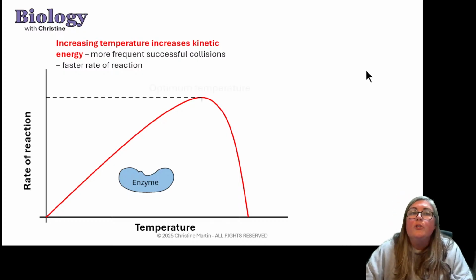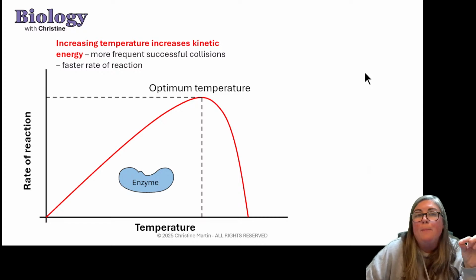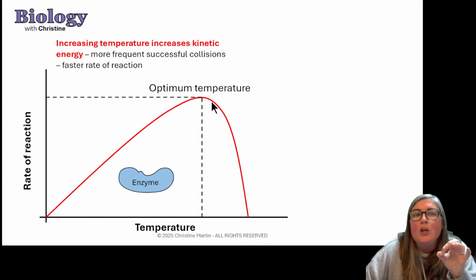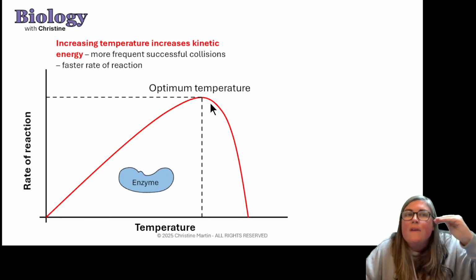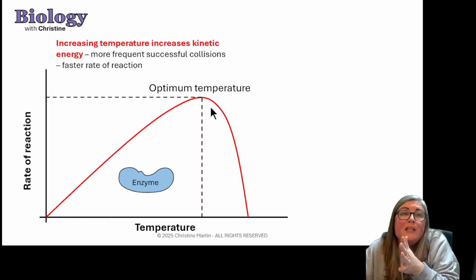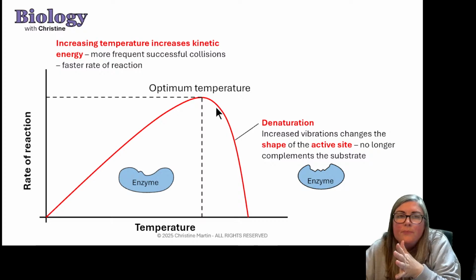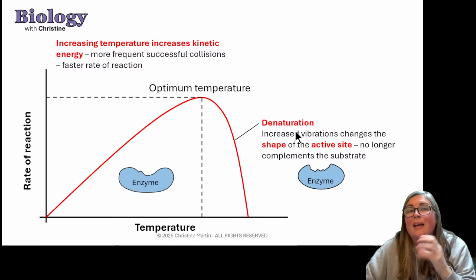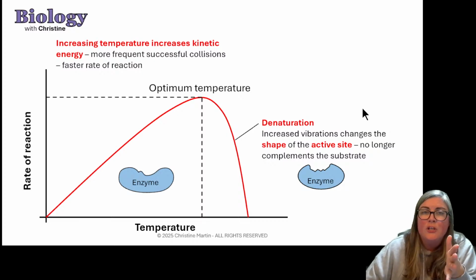When I get to what's known as its optimum temperature, wherever that peak may be, that is then going to be the fastest rate of the reaction. If I increase past the optimum, I then start talking about denaturation.